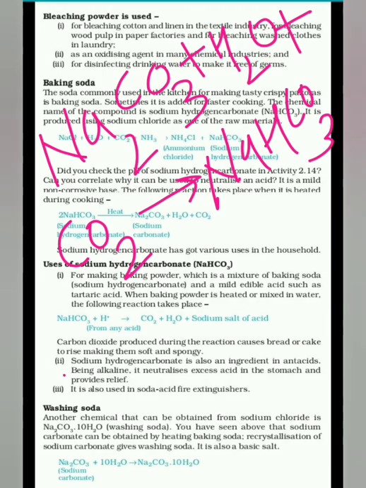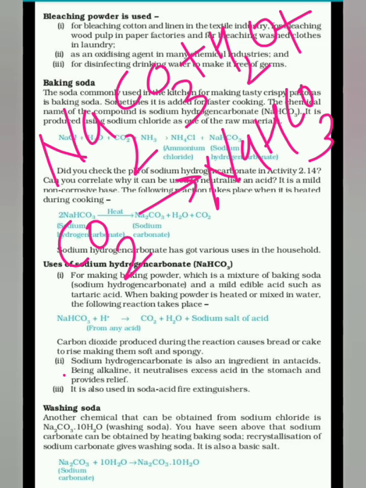In activity 2.14, we came to know that the pH of sodium hydrogen carbonate is more than 7. That means it is a mild non-corrosive basic salt, and so it is used as an antacid.